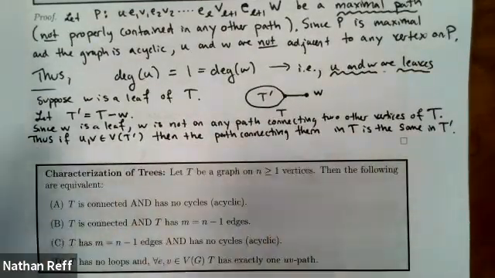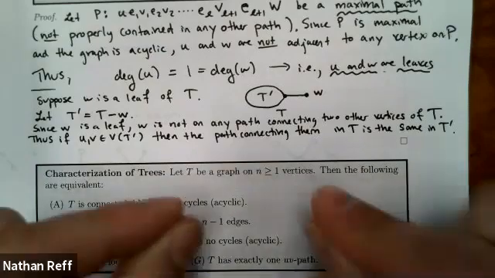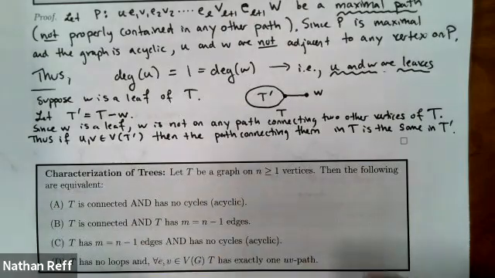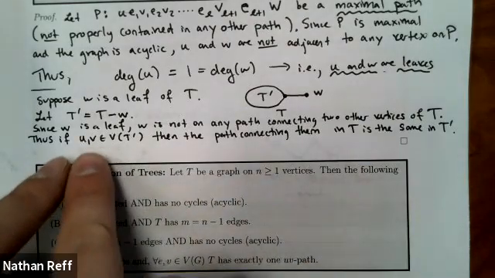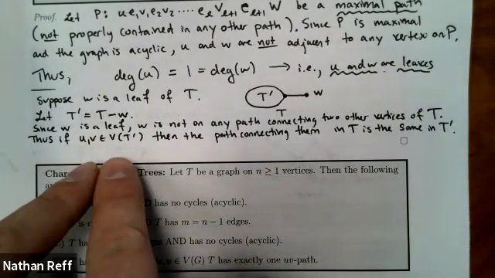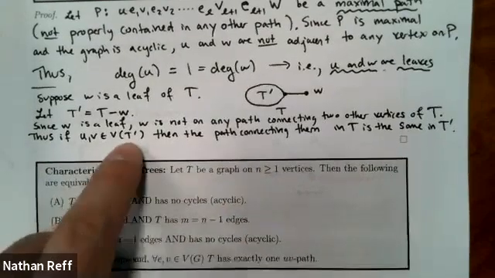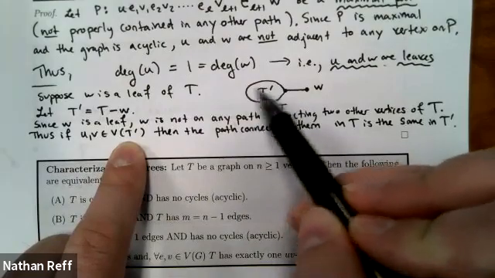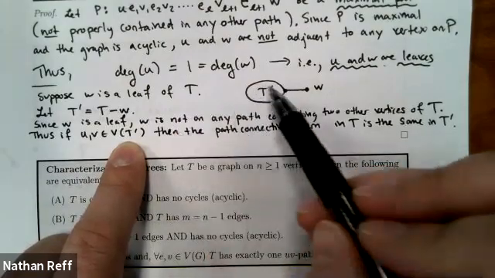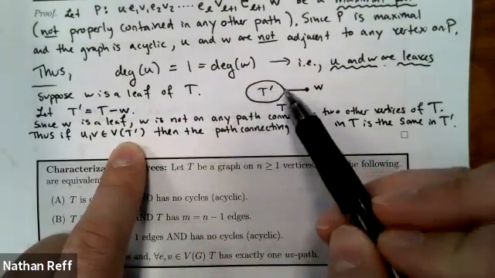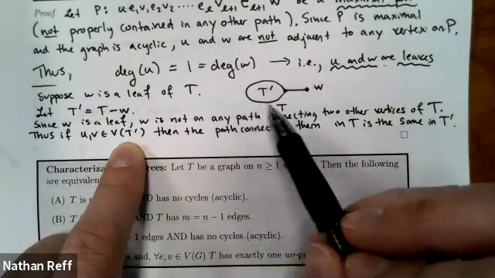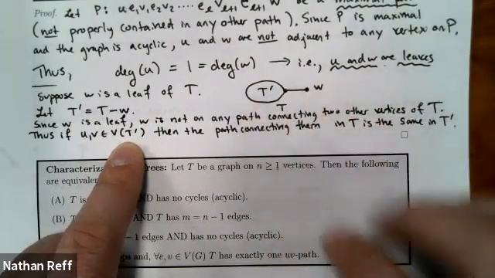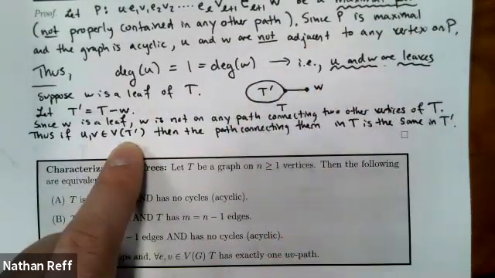We just said if W is a leaf, there cannot be two vertices in the tree where W is on any path connecting those, right? Therefore, if you give me two vertices in the deleted one, wherever those two vertices are, then any path connecting them in the original tree has to be the same in T prime. We agree with that? Because W is not going to affect that. If I delete it, I'm still going to have a path connecting them.